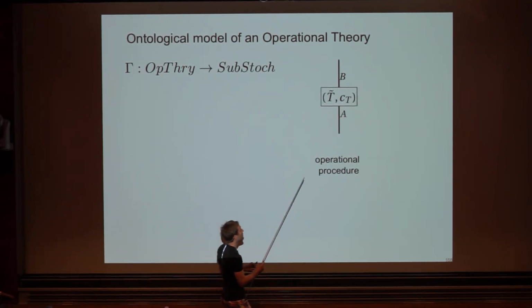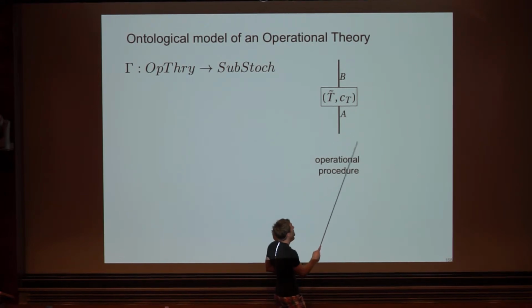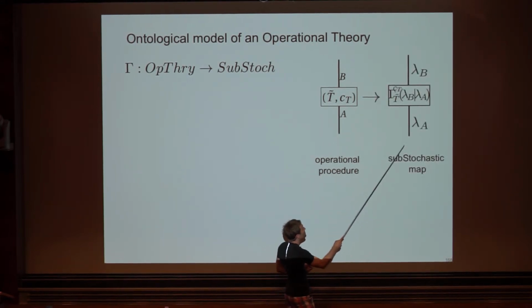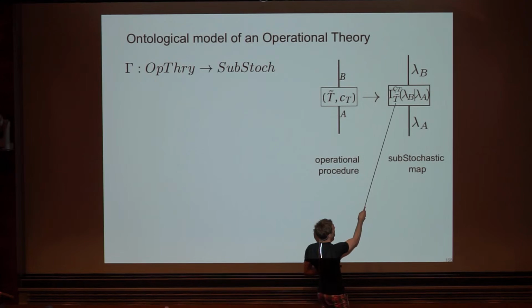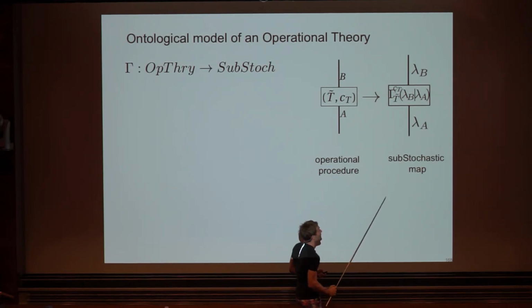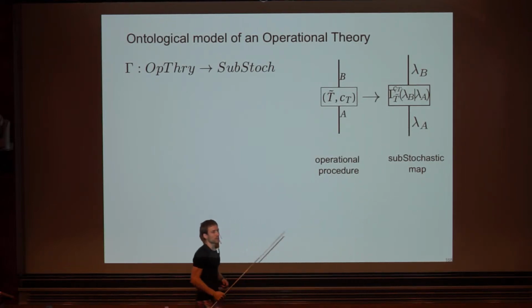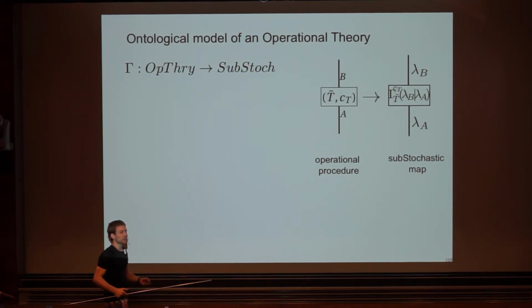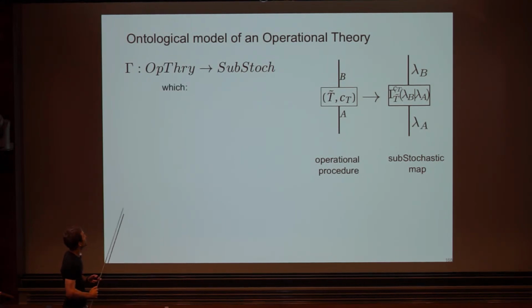We start with this kind of object, again labeled by its equivalence class and context, and we're trying to find a substochastic map, which in principle can depend on both the equivalence class and the context, which is just mapping ontic state space for the input to ontic state space for the output in a way that's described by a stochastic map, which in general might be subnormalized.